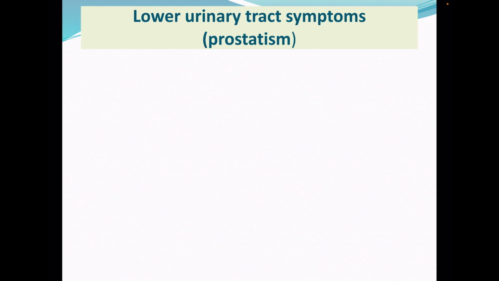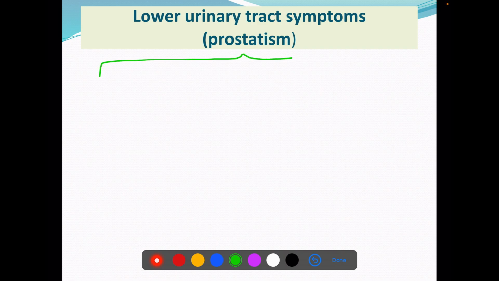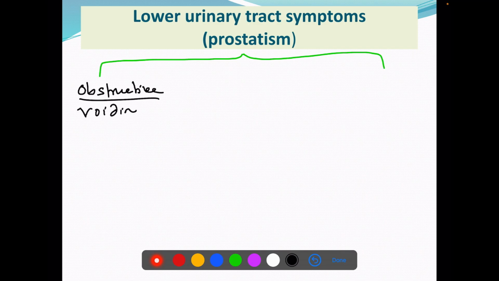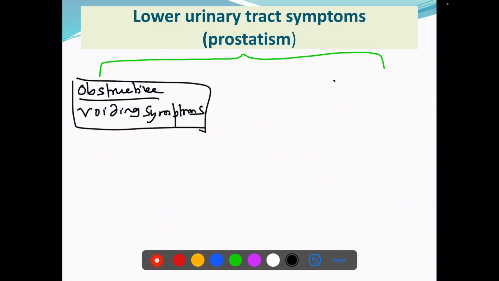So LUTS has basically two distinct types of symptoms. It could be obstructive symptoms, also known as voiding symptoms. Other is irritative symptoms, also known as storage symptoms.